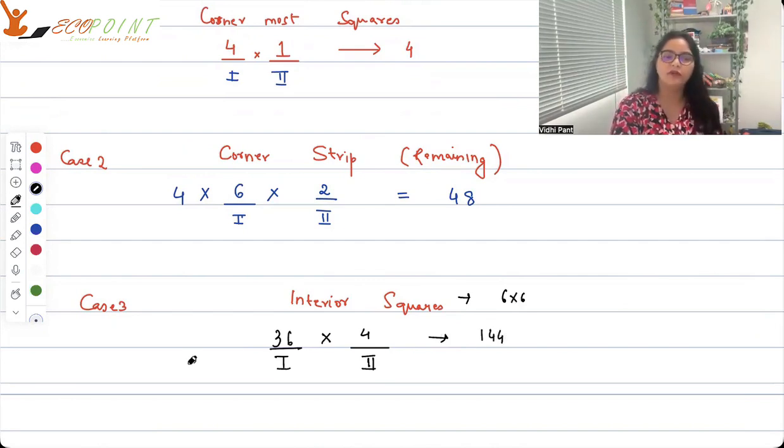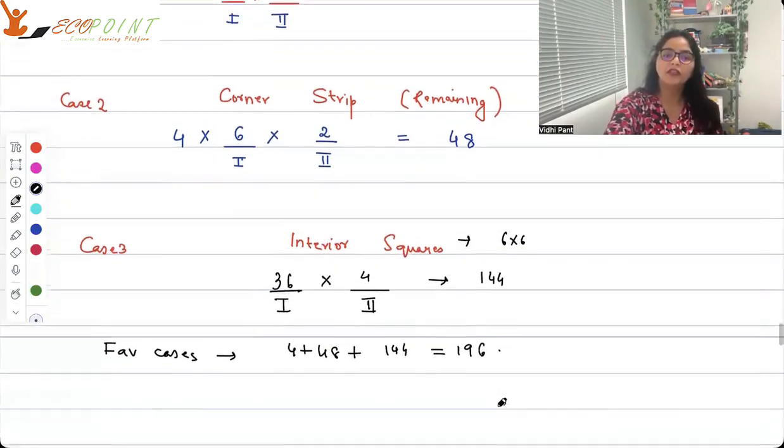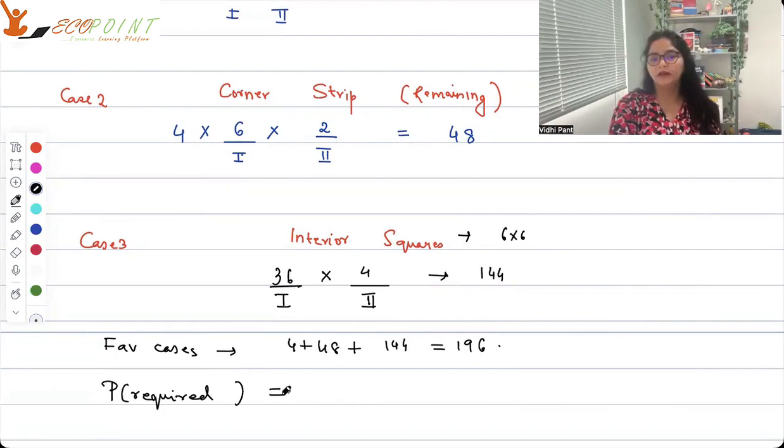So the favorable cases will be the sum of 4 plus 48 plus 144, and that would be 196.